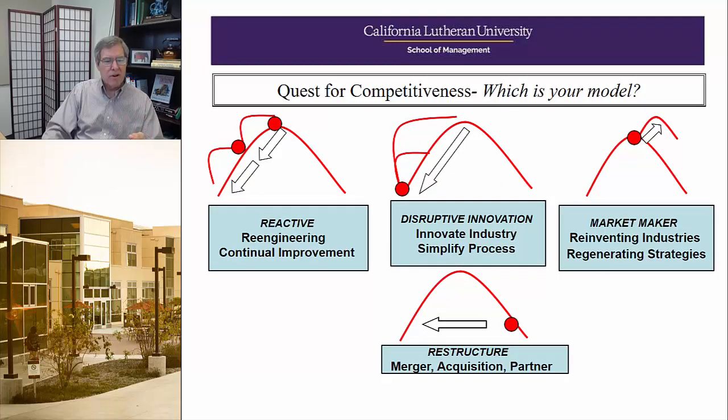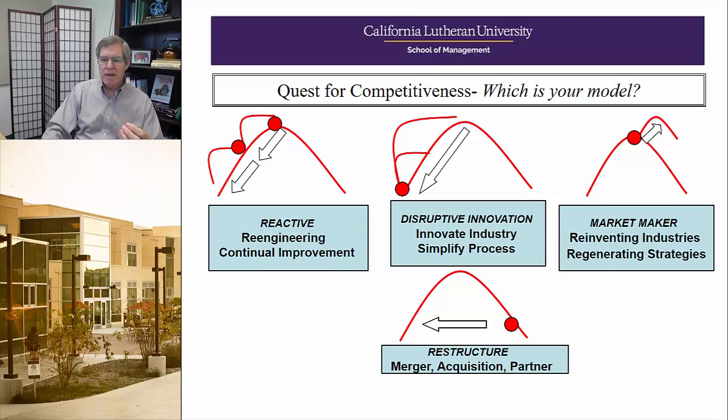Again, looking at the different models, which one of these models really reflects what your strategy is in your current organization? Are you reactive, continually moving in a circle, continual improvement, continual re-engineering of your existing products and services? Are you disruptive, continually innovating within your industry and simplifying the process or bundling?